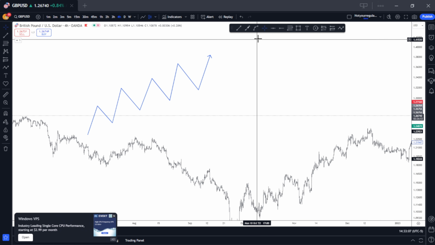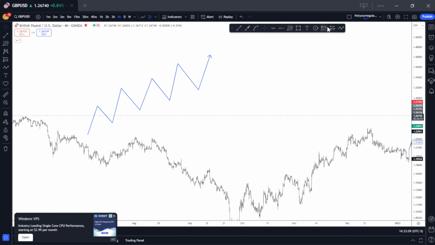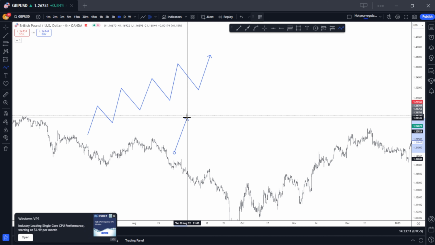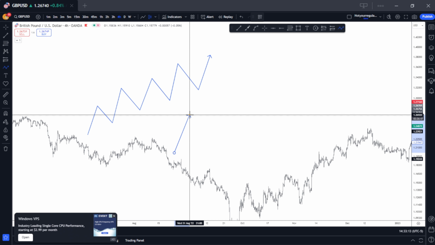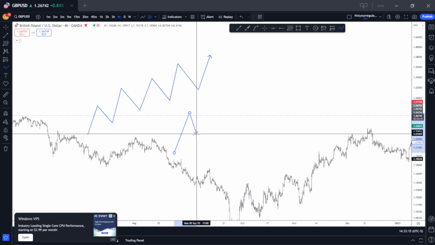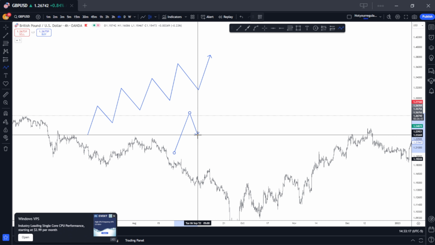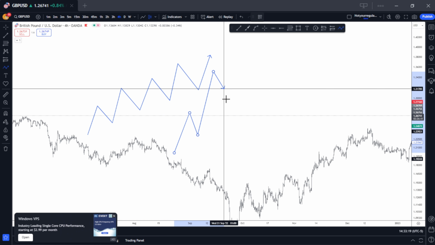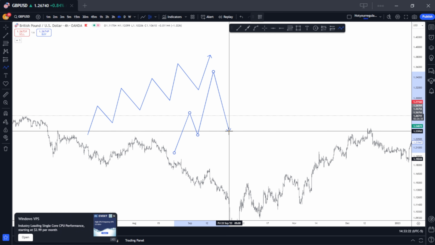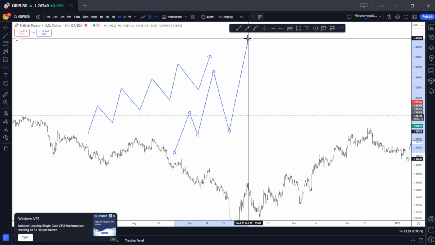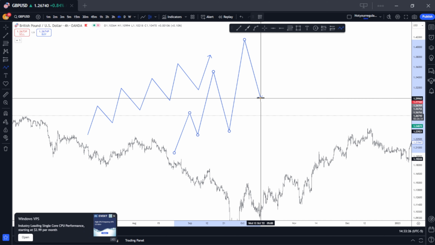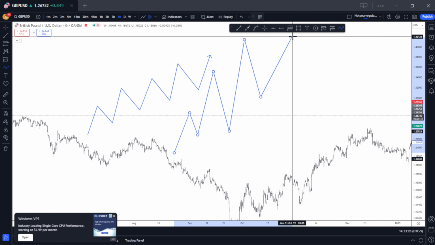Instead, you'll be seeing structure like this. A huge high, then this little retracement, then this huge expansive move, then a deep retracement, then this huge expansive move, then minimum retracement.